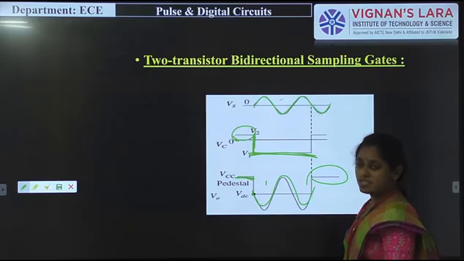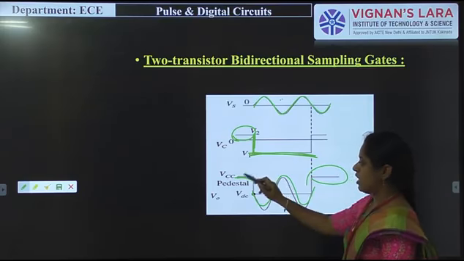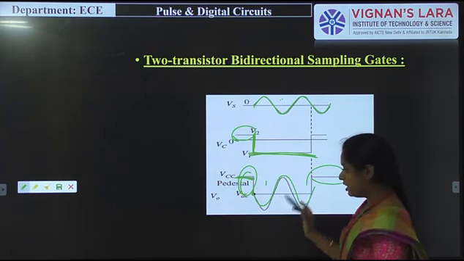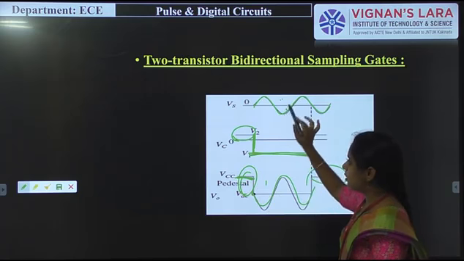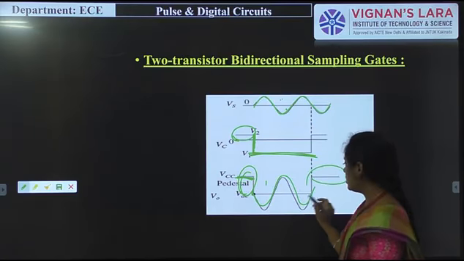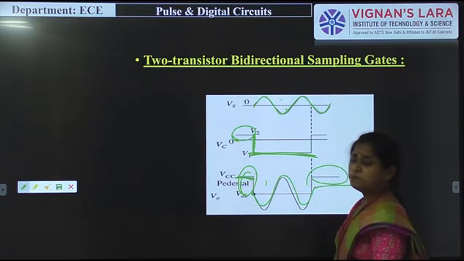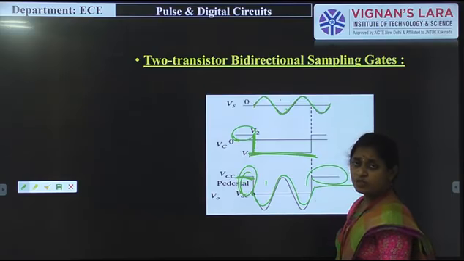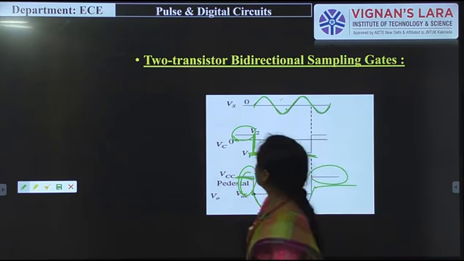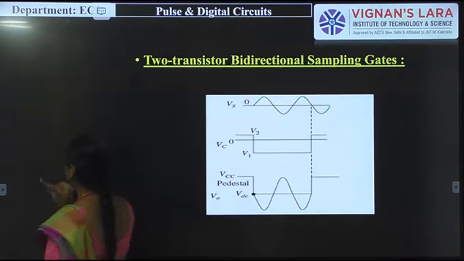At the same time, there is a chance of pedestal. So this one is known as pedestal. Actually, as per the definition, the output is equal to the input for a particular time interval, and for the remaining time the output will be 0. But here, there is a chance of producing the VCC signal. So that is the drawback of this particular two transistor bidirectional sampling gate.